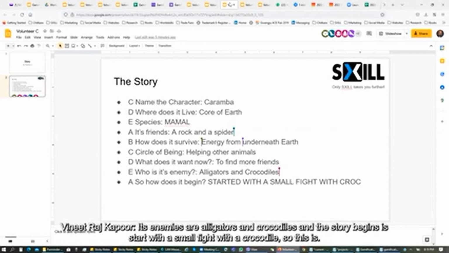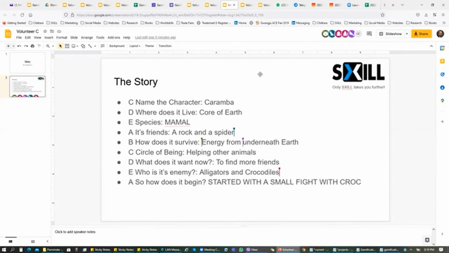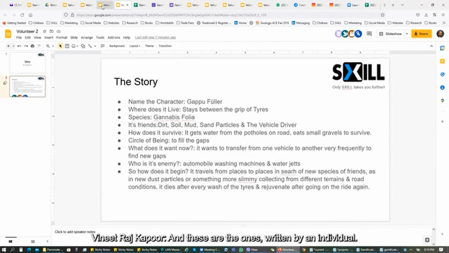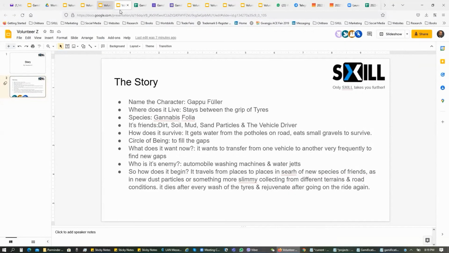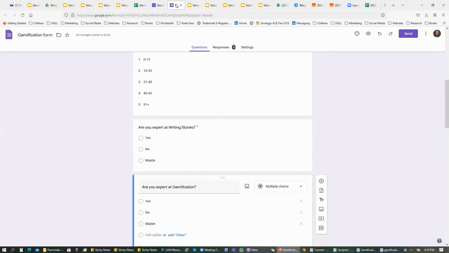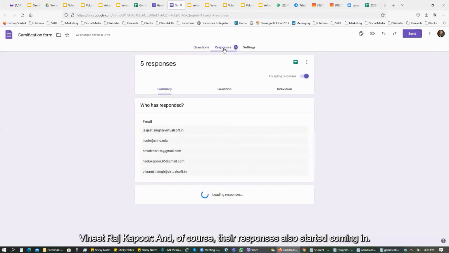And the story starts with a small fight with a crocodile. So this is what is coming out of the exercise. These are collaborative ones, and these are the ones written by an individual. And of course, responses have also started coming in.